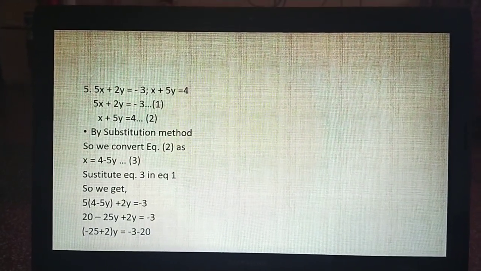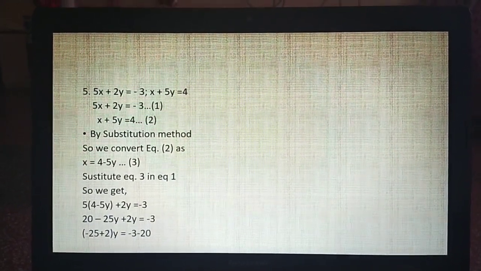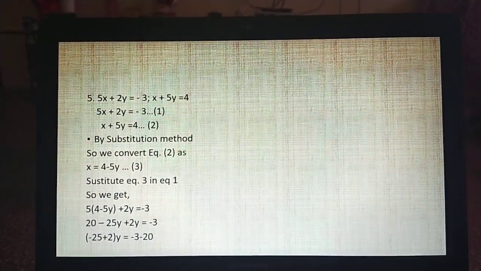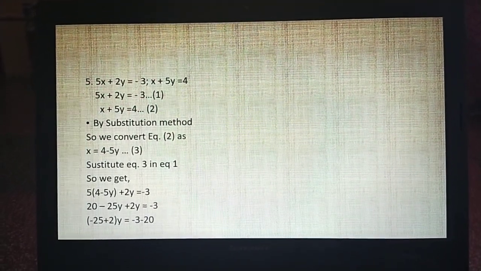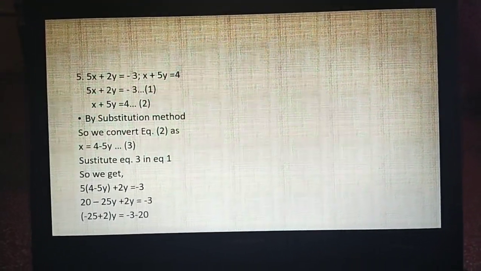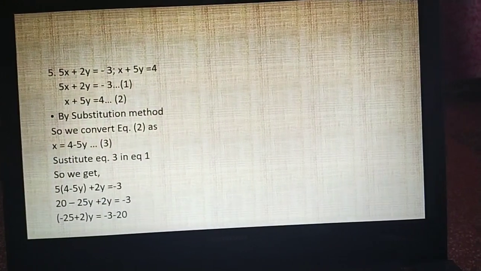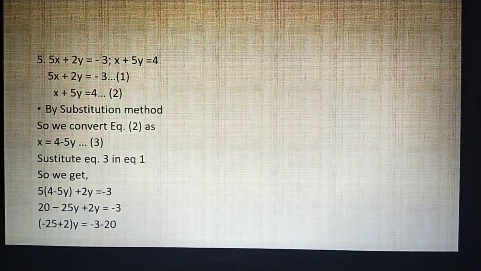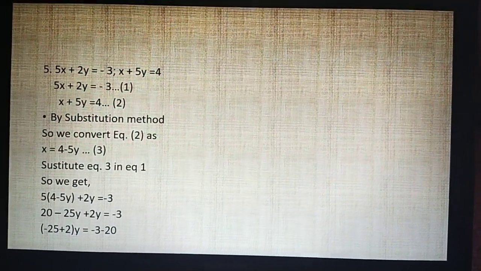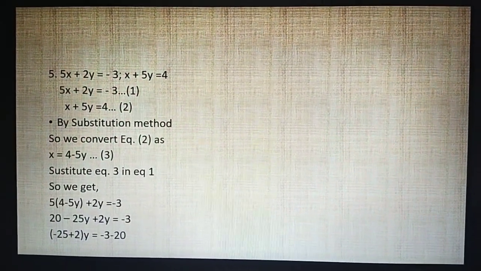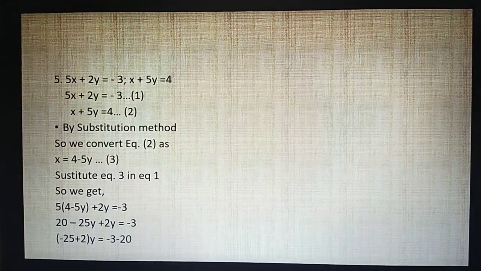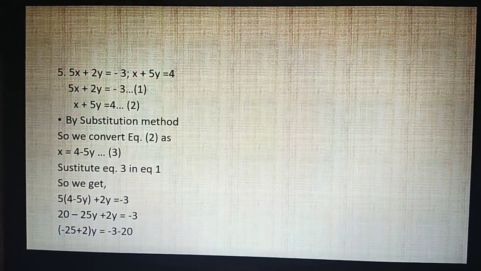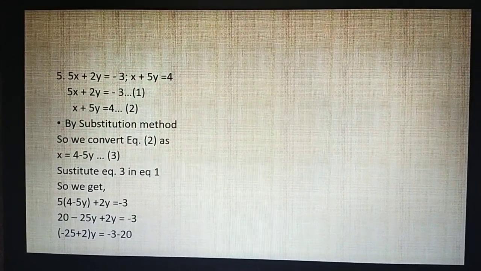Now look at the left hand side, it is minus 25 and plus 2. So we have both the rules here. We have opposite signs as well as same signs. So what will minus 25 plus 2 give us? Right, we have to subtract. So 25 minus 2 is 23. Who is the greater number here? 25. So what is the sign at 25?